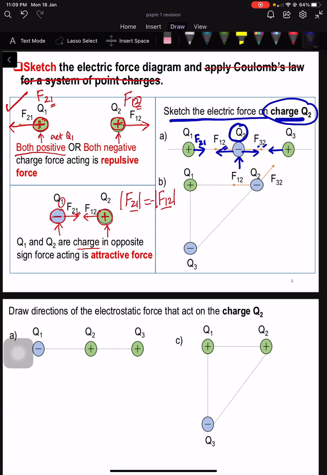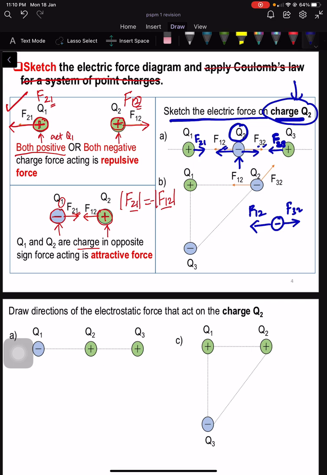The naming for this force is F23. But the question asks you to determine on charge Q2, so we draw back this diagram. So the answer should be like this: F12, F32. Okay, this is the diagram, and then we will calculate the resultant of these forces.